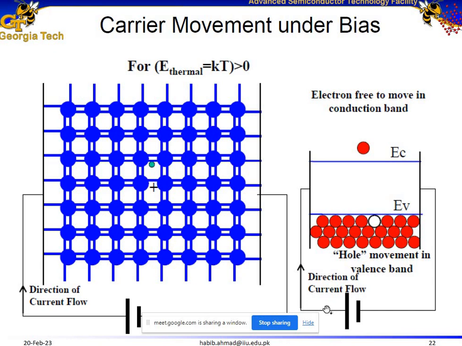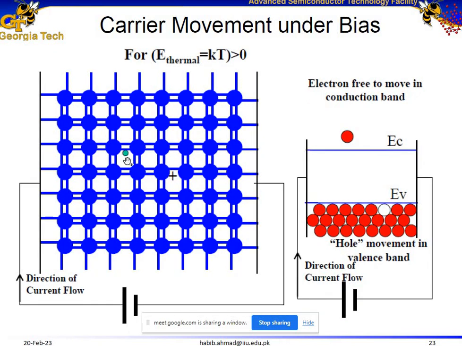As I already told you, if you apply a voltage, we have this electron and this broken bond, then moving on to the next slide, you can represent it with this example. Applying a positive potential towards the left means this is going to attract the electron in this direction, and the negative potential would attract the hole towards the right.